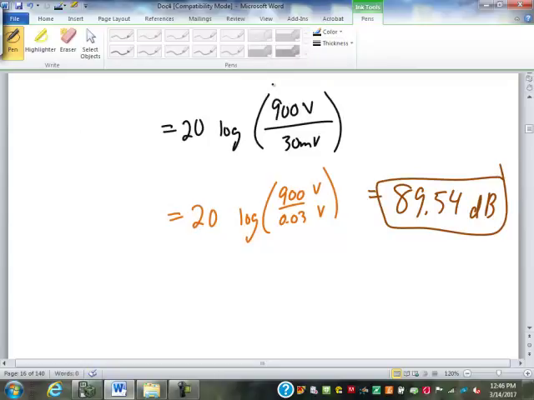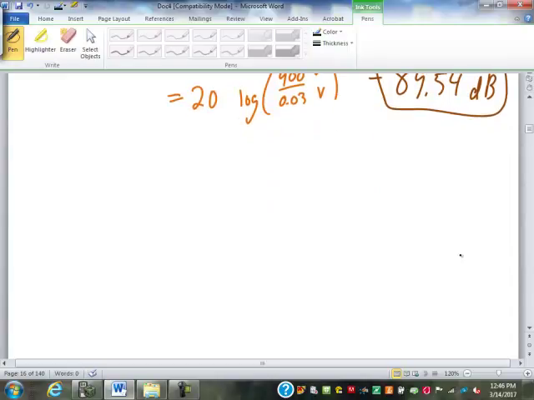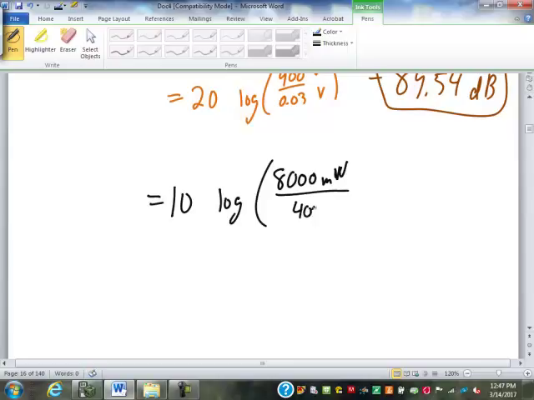The power gain in dB for the input power of 400 milliwatts and output power of 8 watts. So this is going to be 10 times the log. Output power of 8 watts, I'm going to put that as 8,000 milliwatts, so they're the same units, and 400 milliwatts on bottom here.